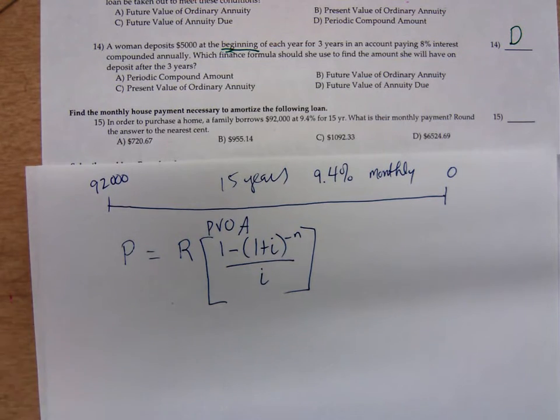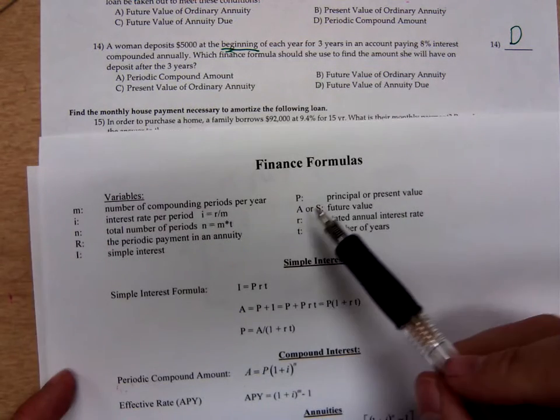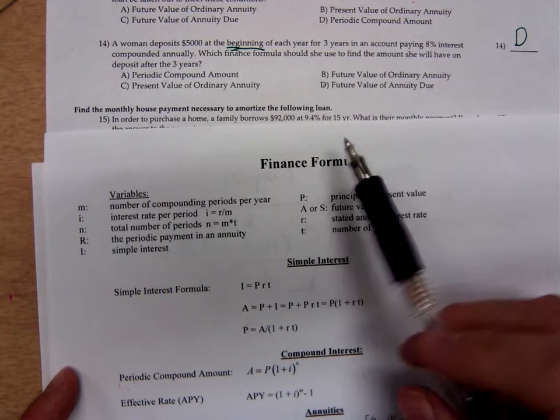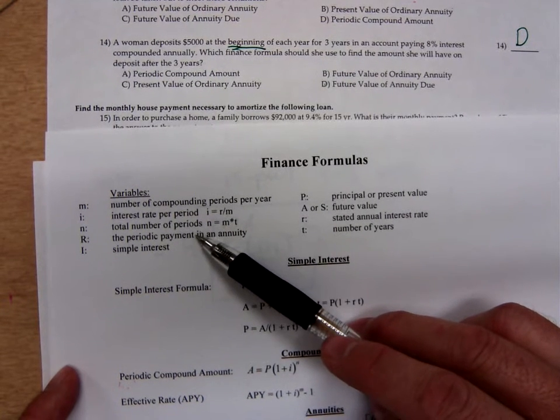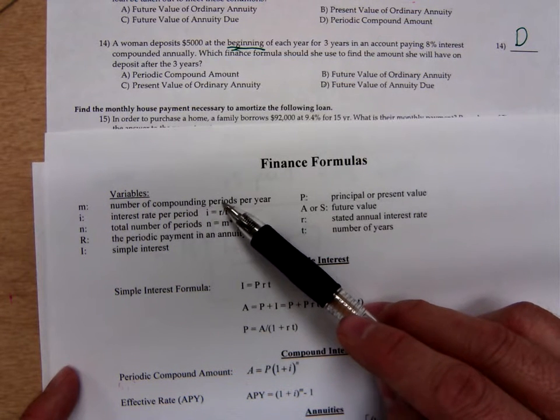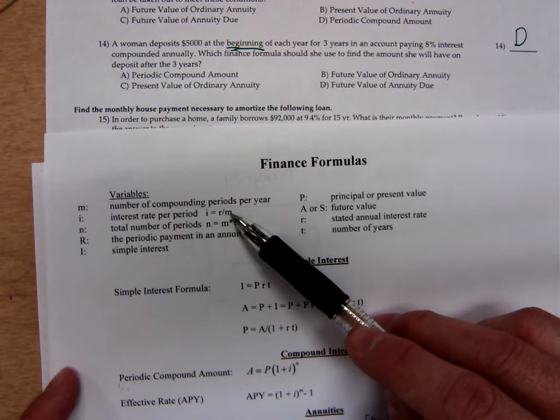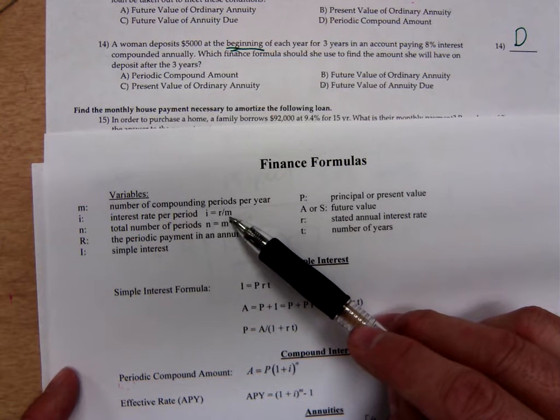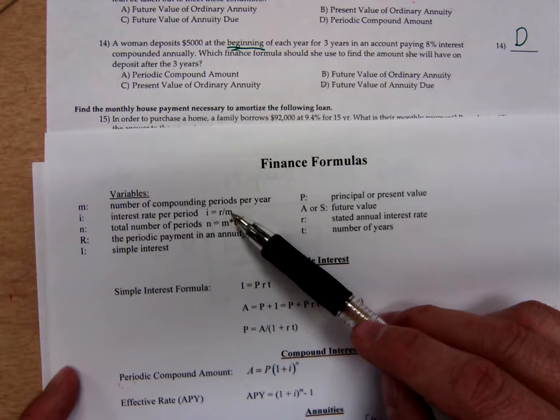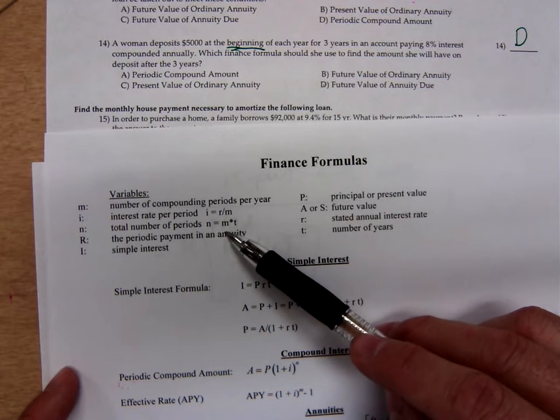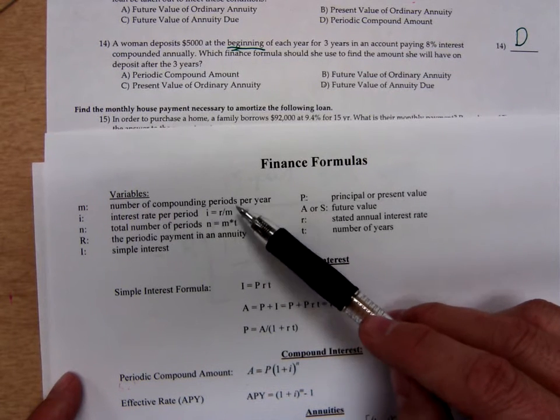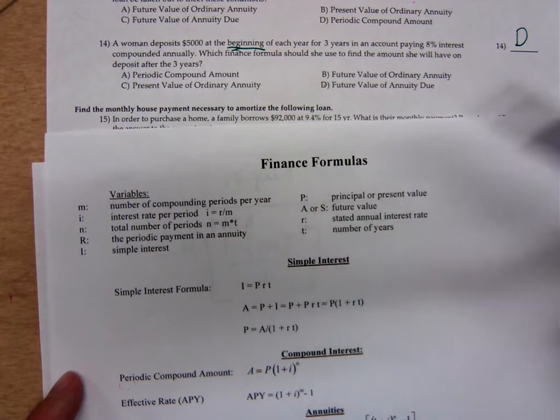The P is the present value, R is the payment, lowercase I is the interest rate per period, the stated rate divided by the number of periods per year. N is the total number of periods, which is the number of periods per year times the number of years.